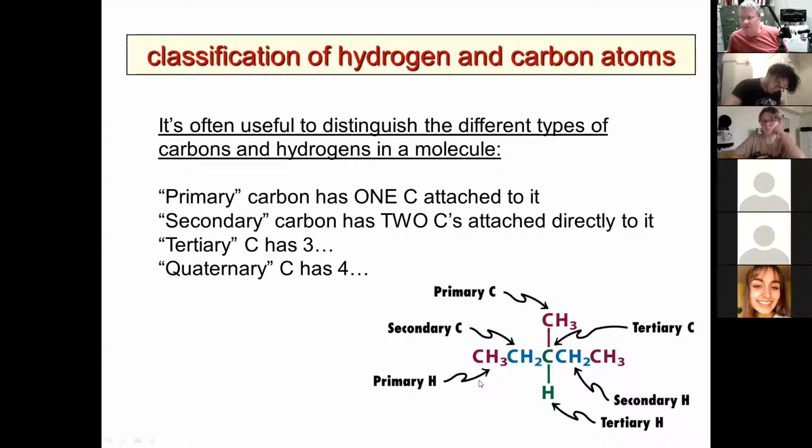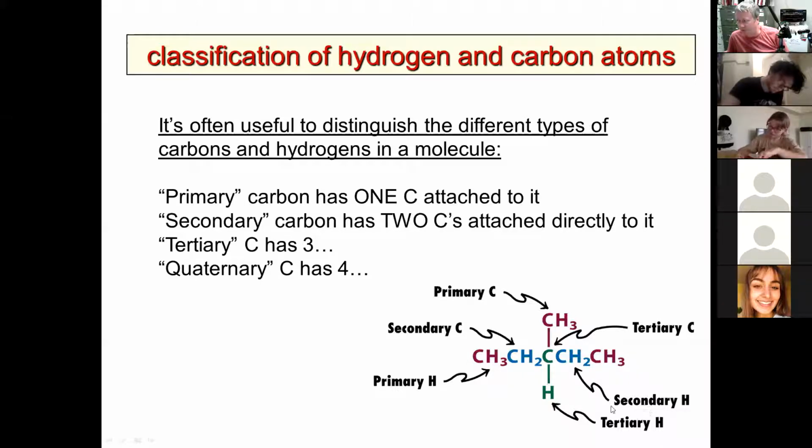We also have hydrogens. The hydrogens on a primary carbon are also called primary. So these are primary hydrogens, and this is a primary carbon. We're going to be able to identify the different kinds of carbons and the different kinds of hydrogens and give them a classification system.